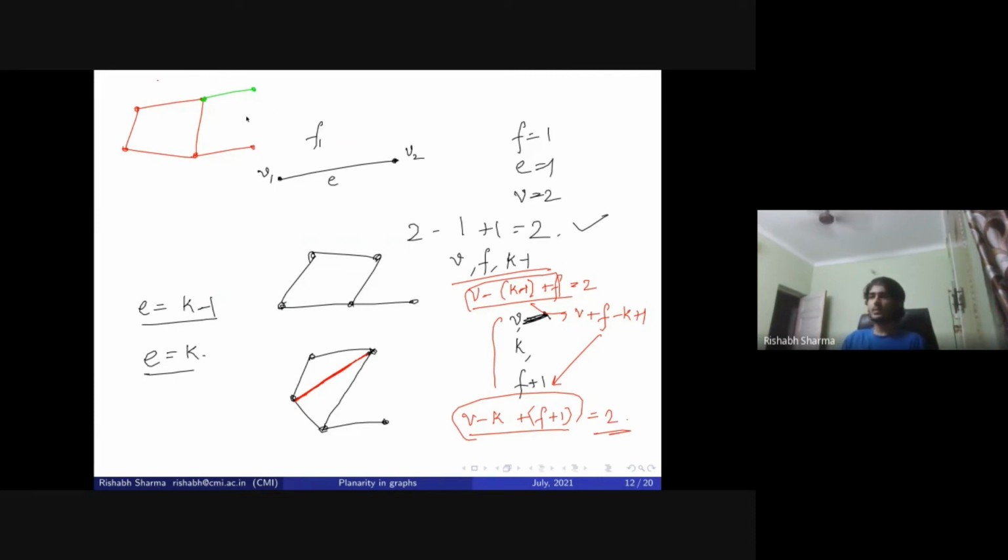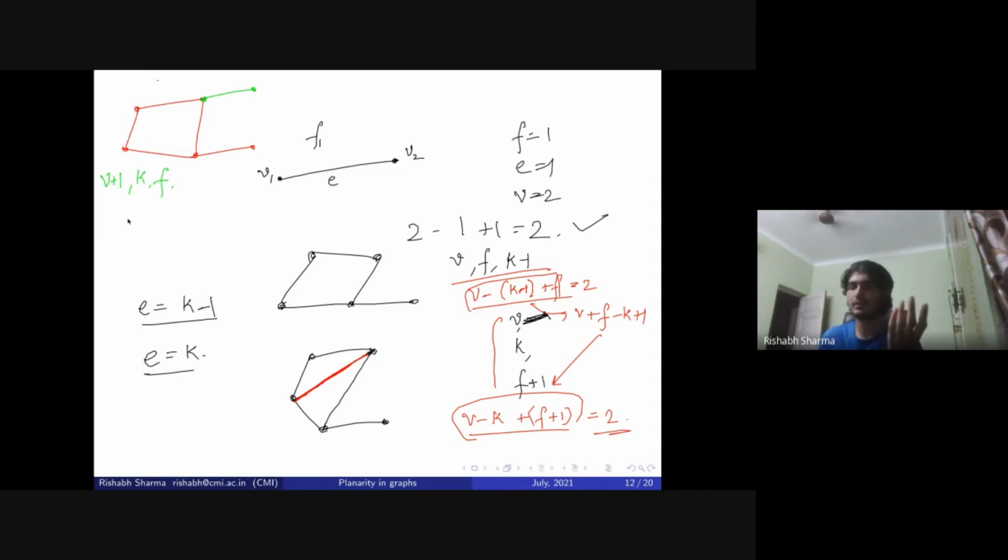In this case, the number of faces does not increase. I had F faces before, I have F faces now, because the hanging edge does not cut a face into 2. The edges increase by 1, so I have K edges. And the vertices also increase by 1 because I introduced another vertex for the hanging edge. So I have V plus 1.